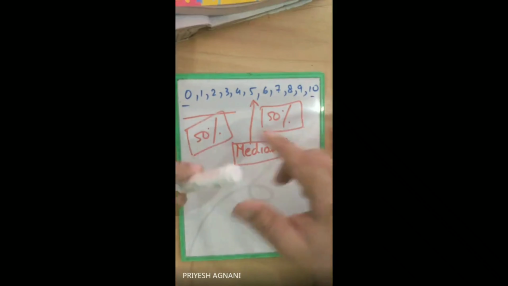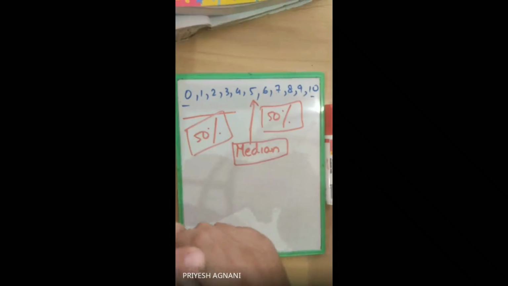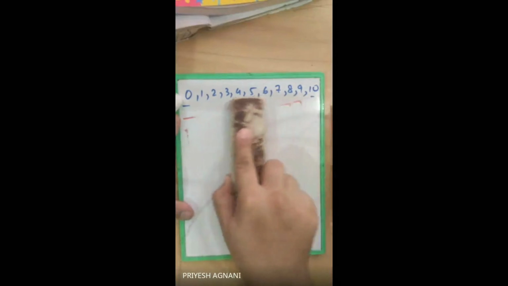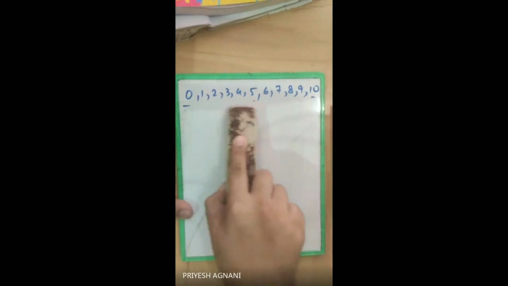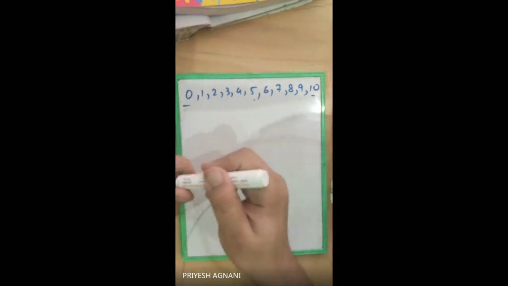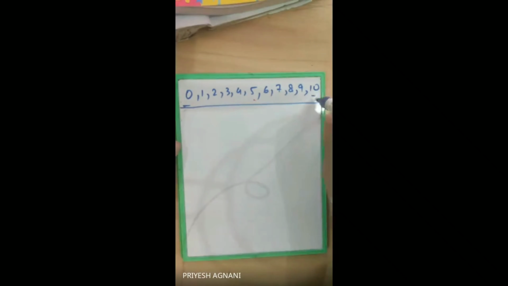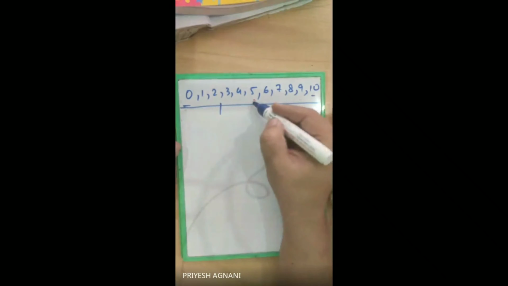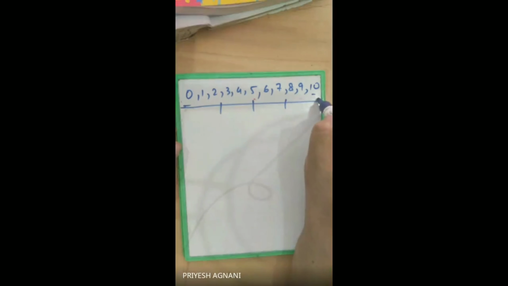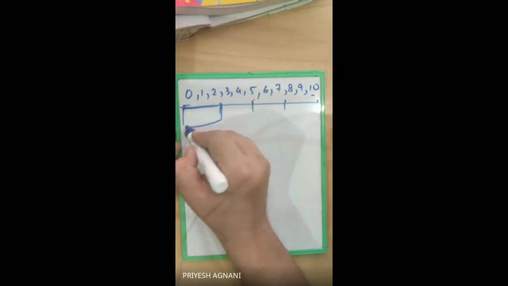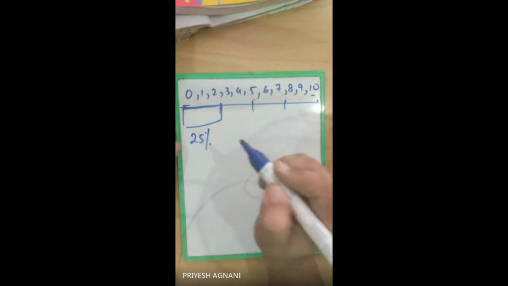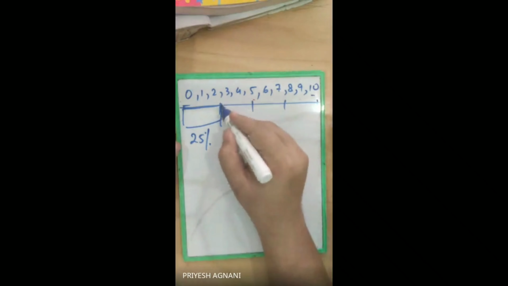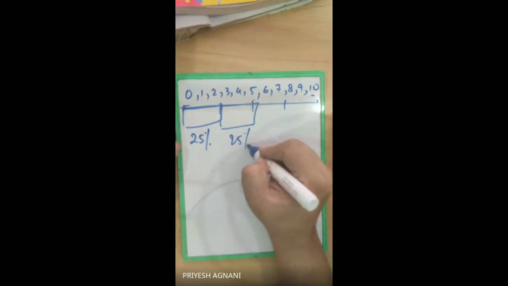Okay. So let us say again there is a number given between 0 to 10, and we divide this range into 4 parts: 1, 2, 3, and 4. So this is the first part, which covers 25%. Here is the second part, this covers 25%.